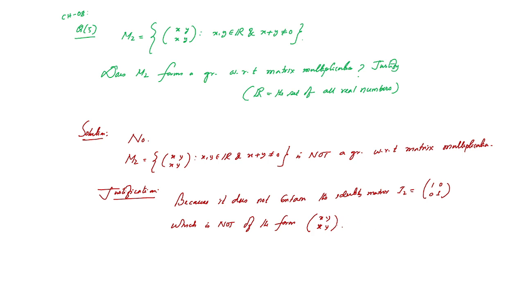If you take x equals 1, y equals 0, it will not satisfy the condition that x plus y is non-zero. So M2 does not contain the identity element, and therefore M2 is not a group with respect to matrix multiplication.